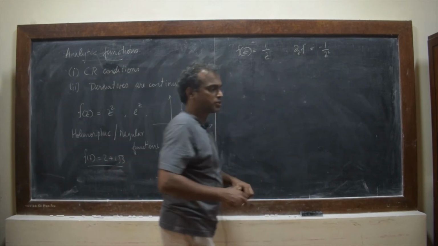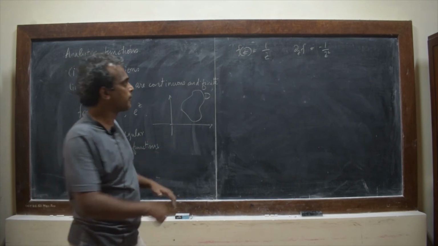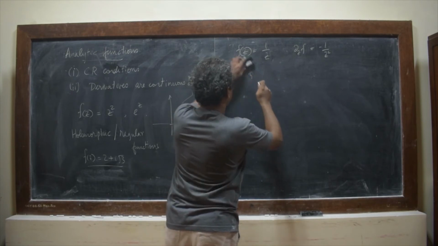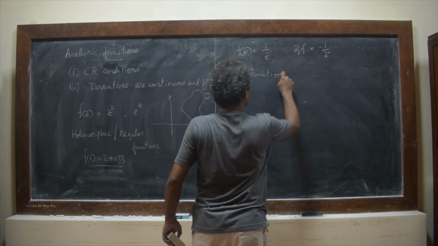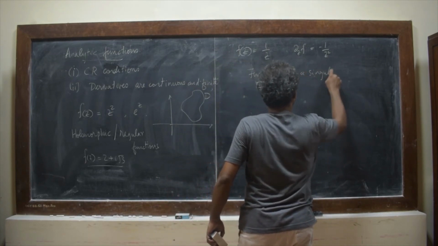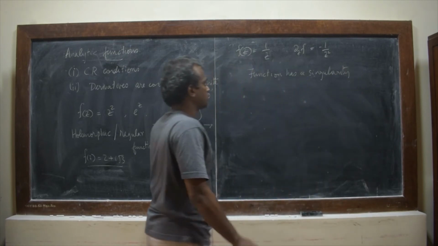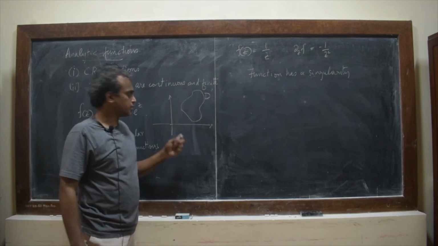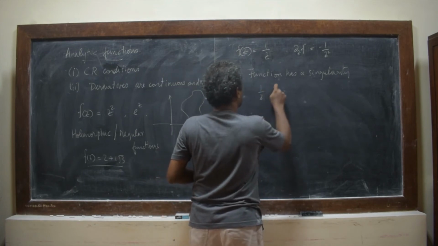When a function stops being analytic at a point, in this case at origin, we say that the function has a singularity. In this case, we could say that this function has a singularity at z equal to 0.